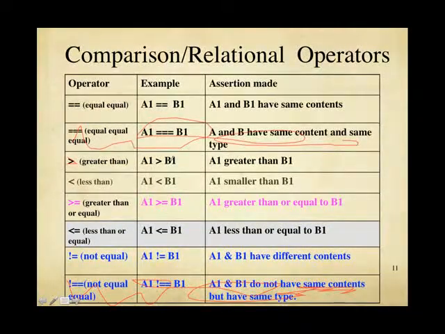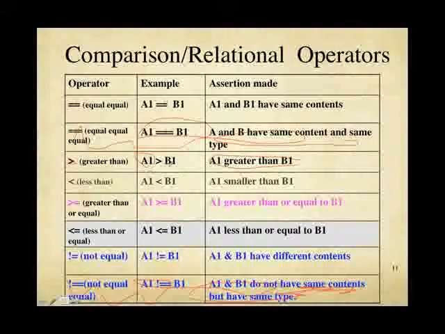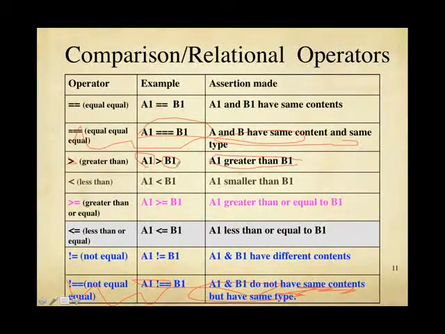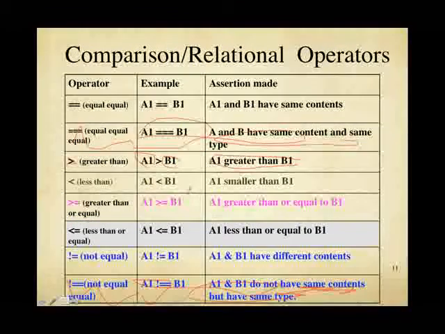You'll have to do more work. So the assertion being made here is A1 is greater than B1. If A1 and B1 are integers, and A1 is 10 and B1 is 5, then the assertion is true. So this expression will result in true in that case. Otherwise, the assertion will be false.